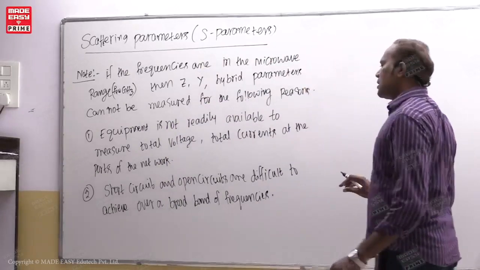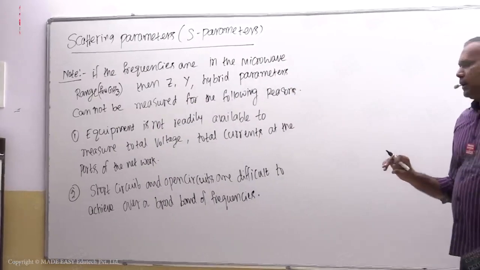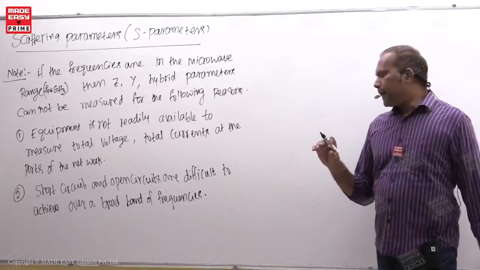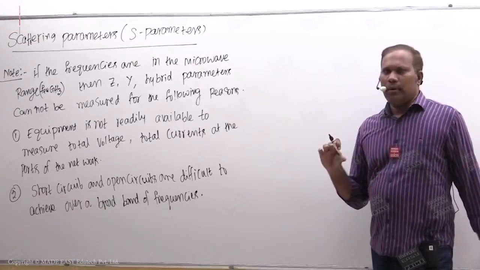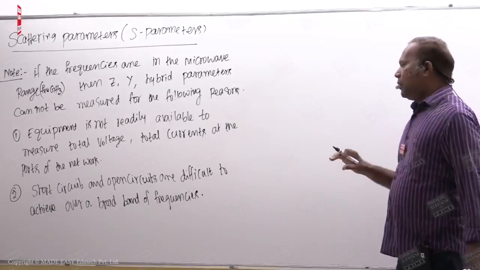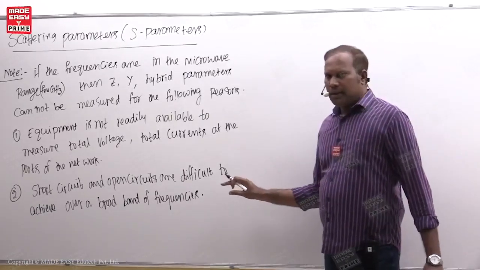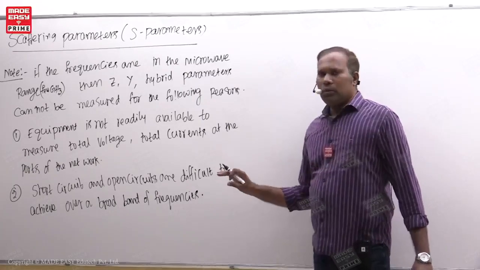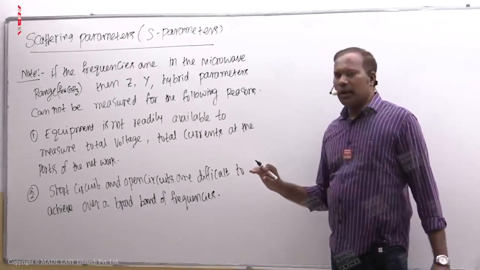Because once we design a microcircuit, we will start sending frequencies in the range of a particular bandwidth. So for measurement purposes, you have to do short circuiting and open circuiting.